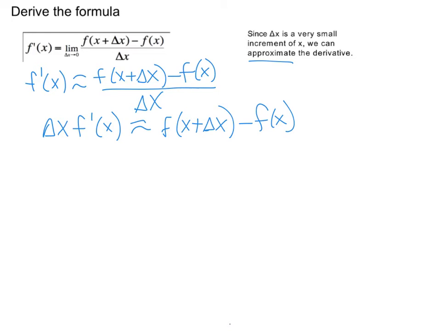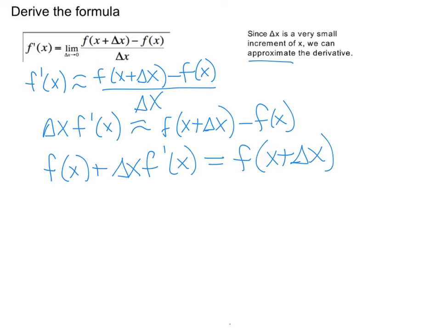And then we add that f of x to the other side, then we end up with f of x plus delta x times f prime of x is approximately f of x plus delta x. So the function of x plus a little bit, because this delta x is a very, very small amount, is equal to the function plus that little bit times the derivative.